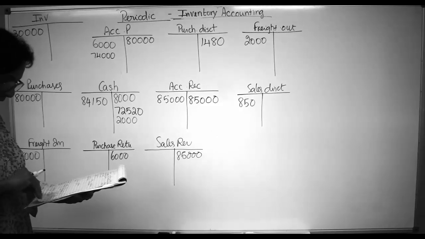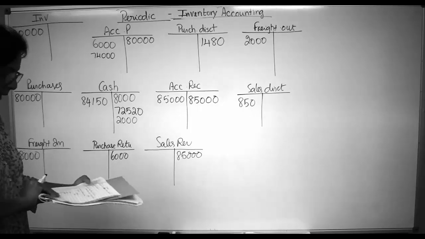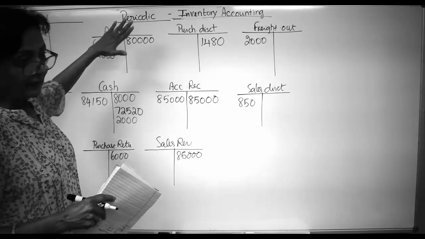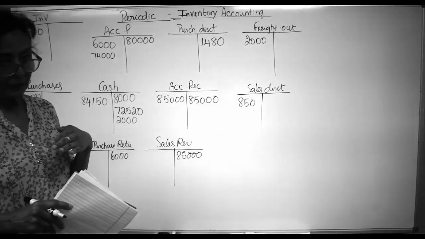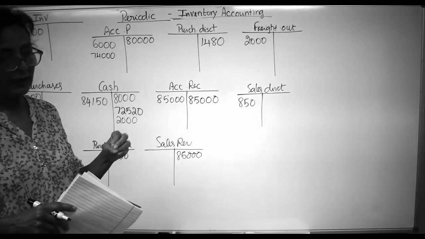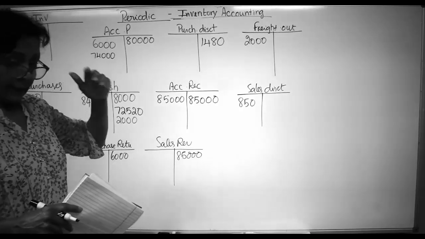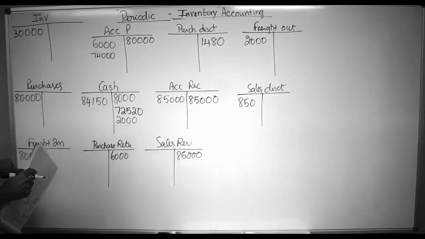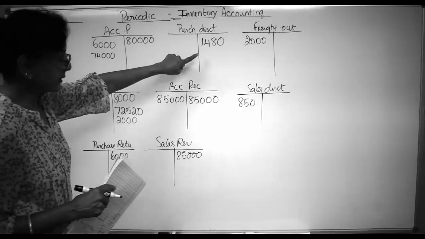Now, in the periodic system, at the end of the period, remember, so far we have not recorded the cost of the goods sold. So at the end of the period, the company has to record the cost of the goods sold, and the company will also close the purchases account, freight in account, purchase returns, and purchase discount.